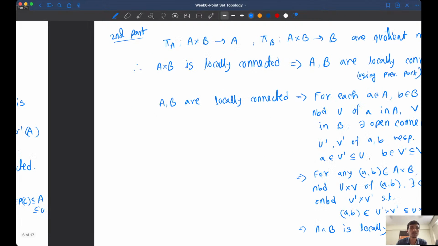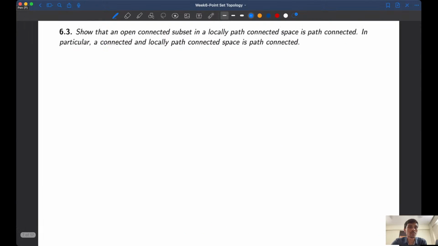Next we have: suppose an open connected subset is given, then in a locally path connected space, any open connected subset is path connected. Usually we have seen in Euclidean space that any open connected subset is path connected, but note that Euclidean space is already locally path connected.